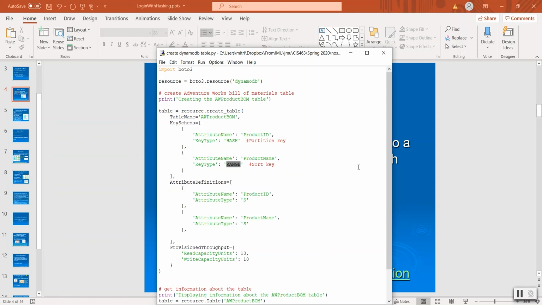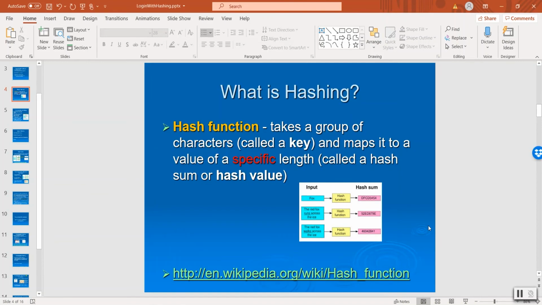You've probably heard the term hash before. Certainly if you're in 484, I would imagine that by now you've learned how to hash passwords. So let's take a look at what hashing really means. Hashing is a function. A function takes an input and produces an output.